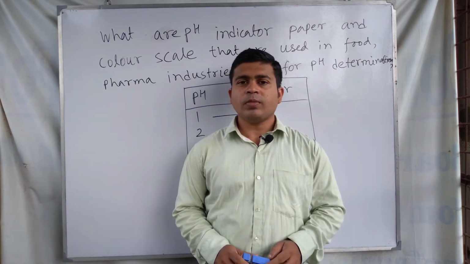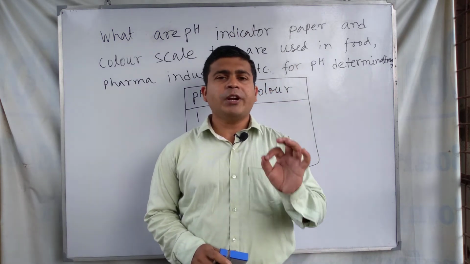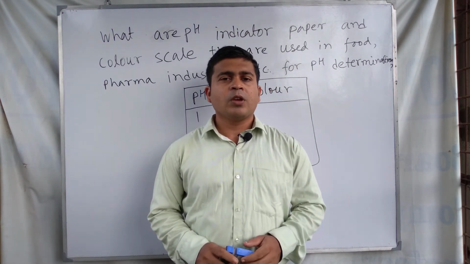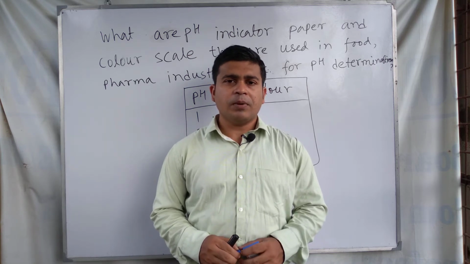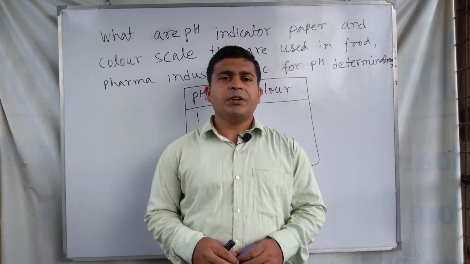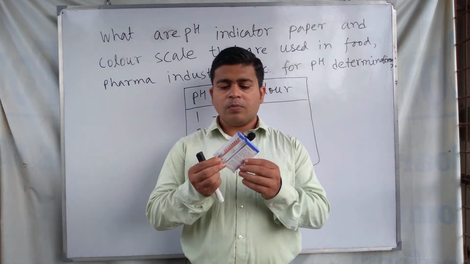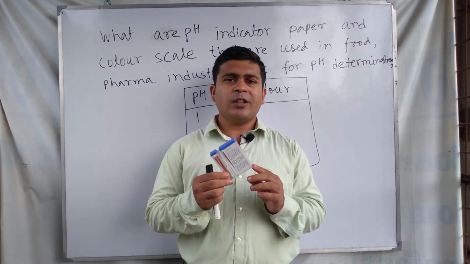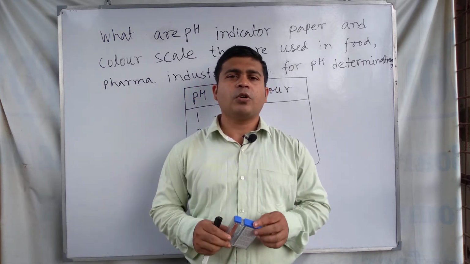To determine the pH of a substance, we can use an indicator paper. It is called pH indicator paper. You can buy this type of box in the market, in a laboratory equipment shop or laboratory supply shop.